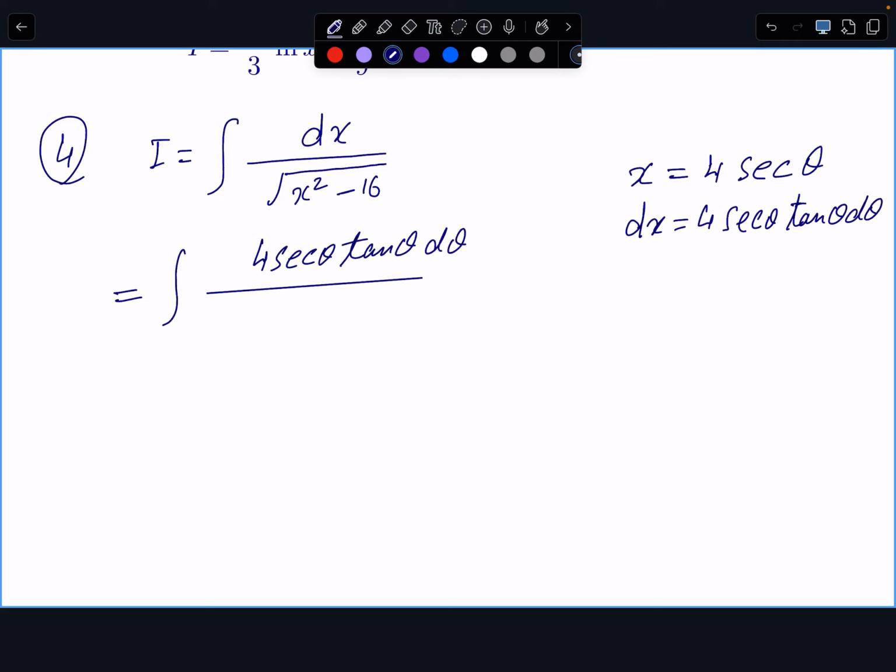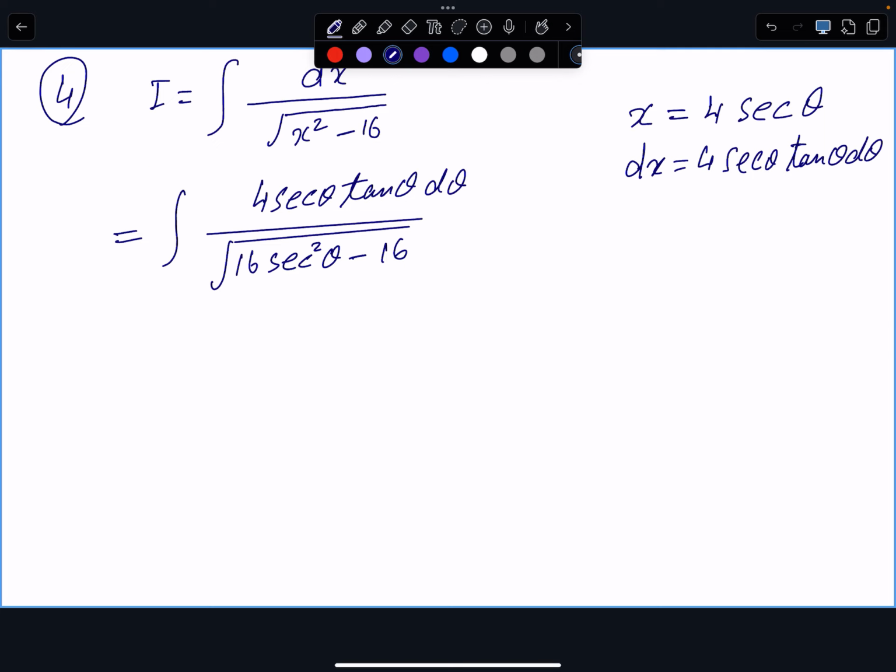And here we're going to have 16 secant squared theta minus 16 under the square root. I'm going to write it in detail.